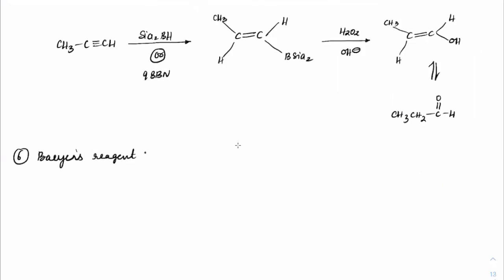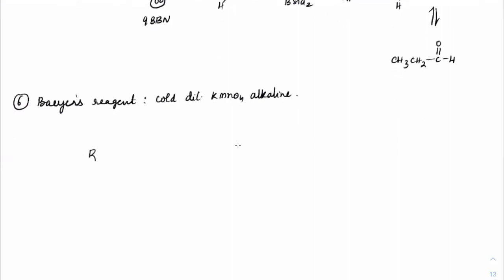Everyone is aware of Baeyer's reagent, cold dilute KMnO4, which is alkaline. Suppose we have R, C triple bond C, R dash, and I treat that with Baeyer's reagent, BR.